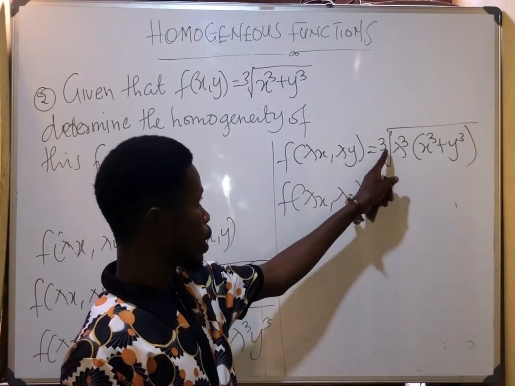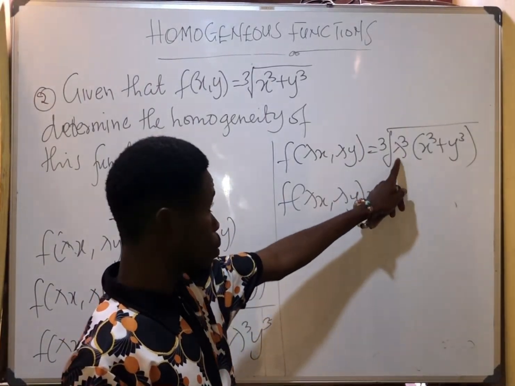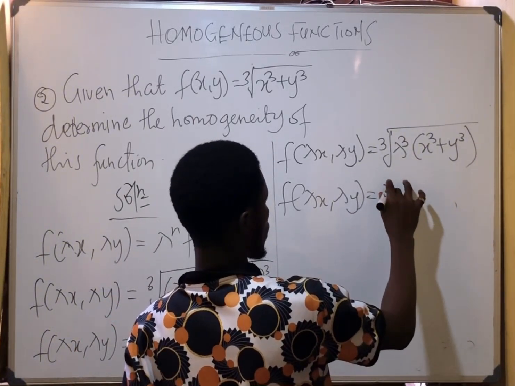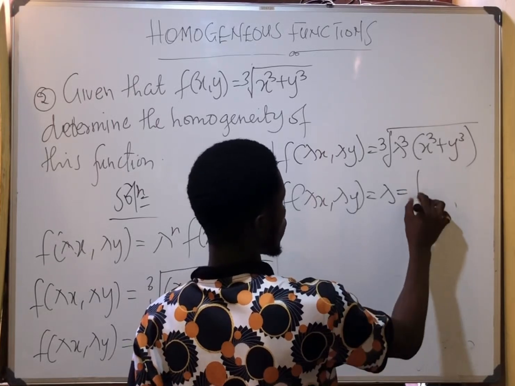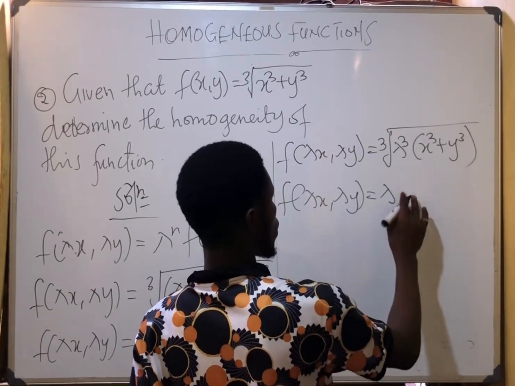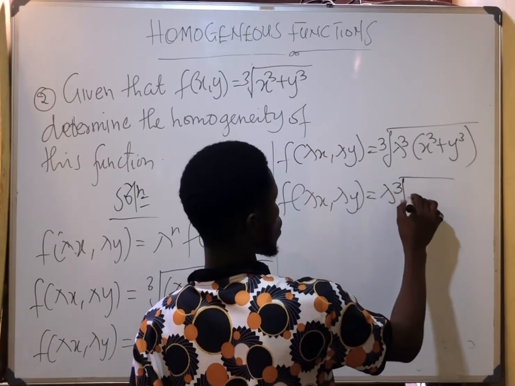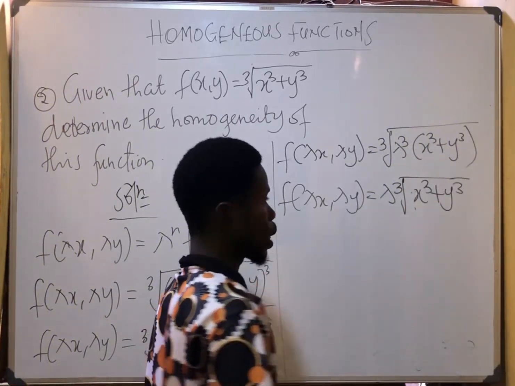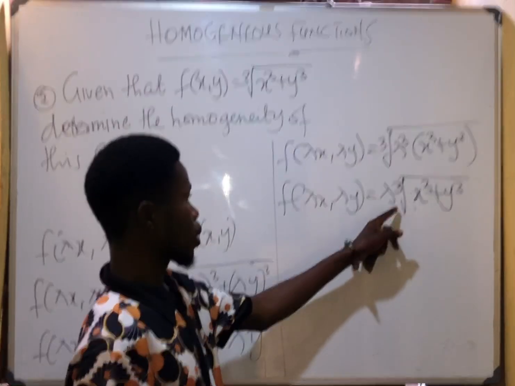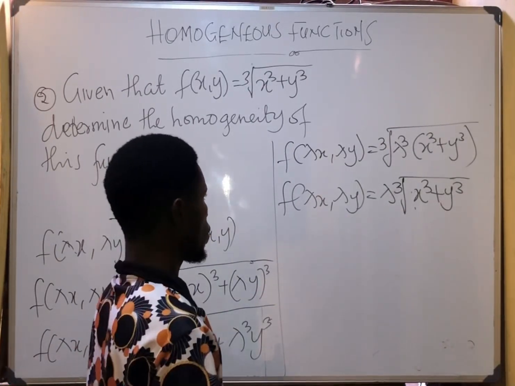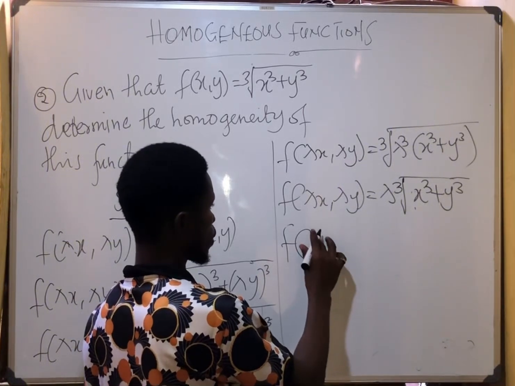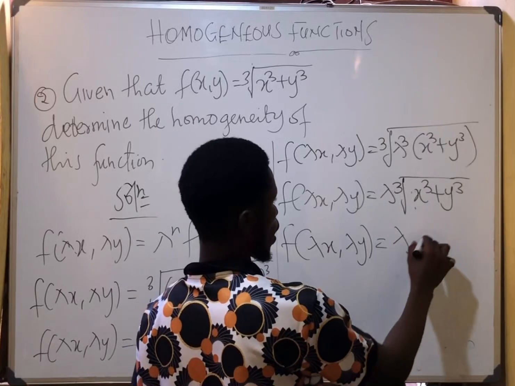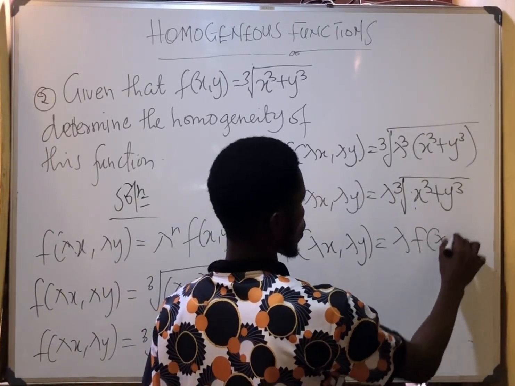Now because this is cubed and this is a cube root, I can take the cube root of lambda cubed and that will give us just lambda, leaving the cube root of x cubed plus y cubed. Is that okay? Now that I'm able to bring lambda out, I think I've achieved it, because f of lambda x, lambda y is equal to lambda f of xy.